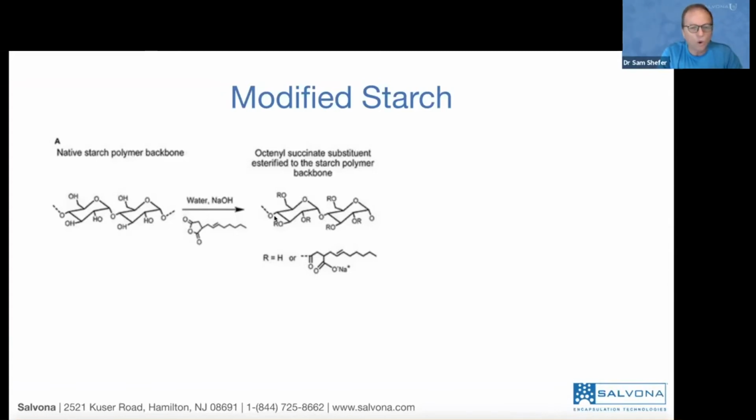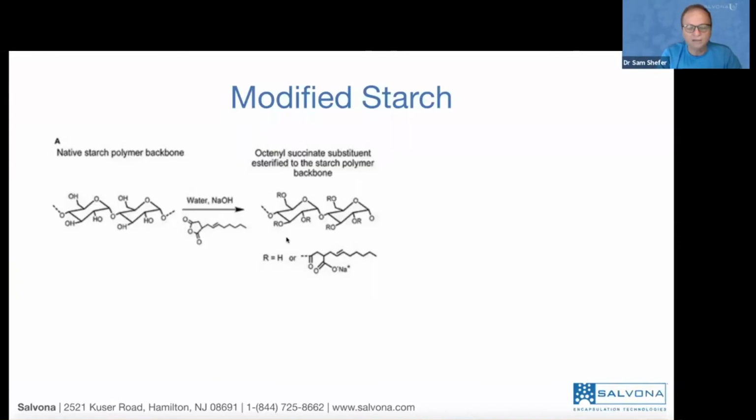So this is one type of modification, but there are others. But this is the one that we're focusing on because we find that this gives the best results. Now, every glucose molecule has potentially 1, 2, 3 R's to replace the H. So we don't have anything that is completely replaced, but we have 1, 2, 3%.